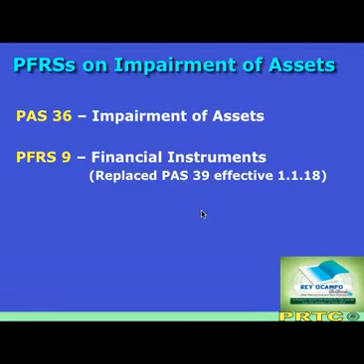All assets are subject to impairment under PAS 36, except those assets excluded from the scope. One of the assets excluded is financial assets within the scope of PFRS 9. For financial assets within the scope of PFRS 9, apply PFRS 9 and not PAS 36.